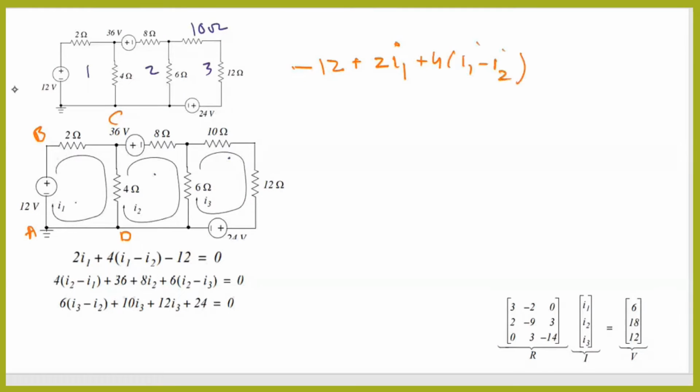For loop 2, suppose you start from C, E, F, D. C, E, F, D is the second loop. Can you tell me the answer? From C to E, there are two elements, so there is E dash. So C to E dash, E dash to E, E to F, F to D, and D to C. This is the path we have to trace.